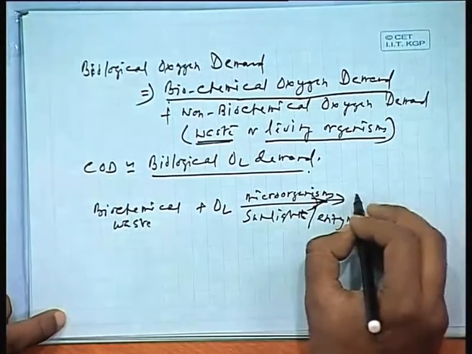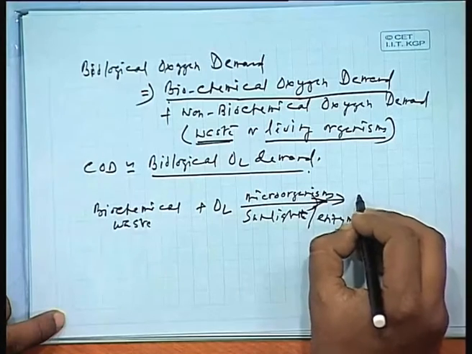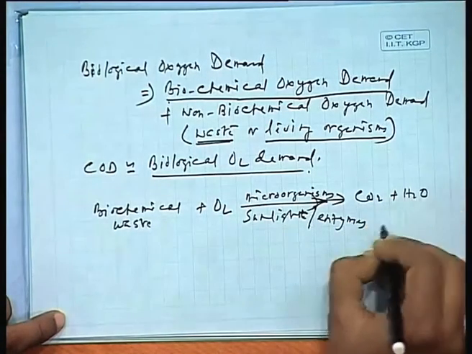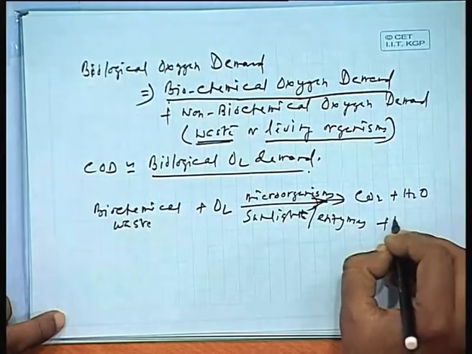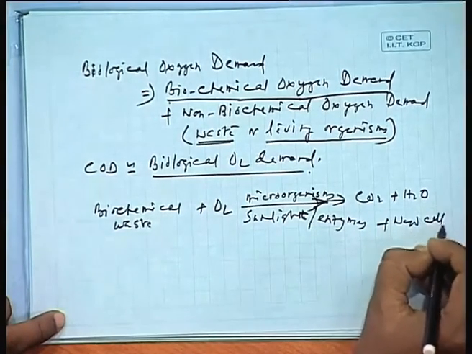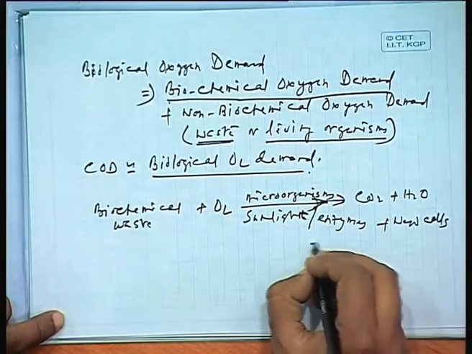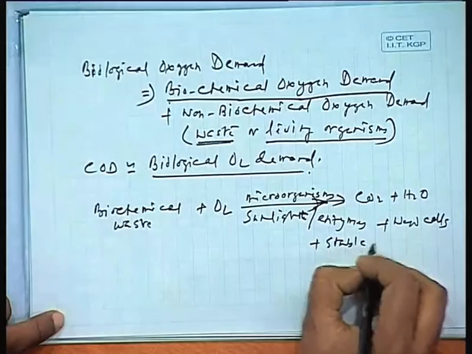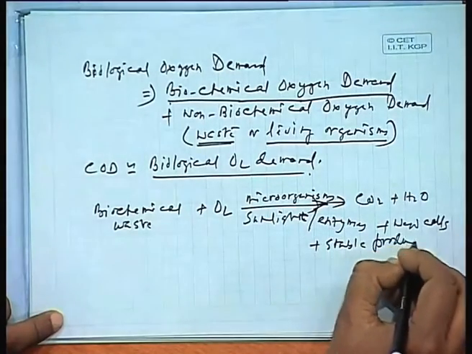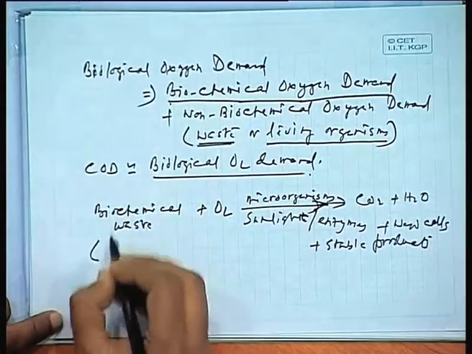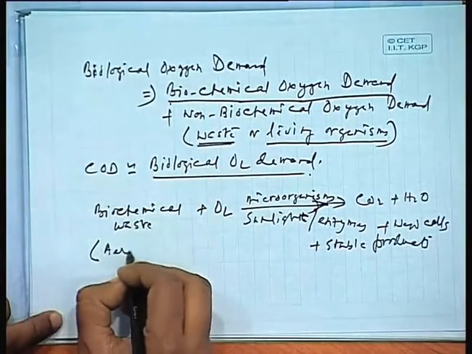They can decompose into CO2 plus H2O plus new cells plus stable products. This is mostly the aerobic reaction.